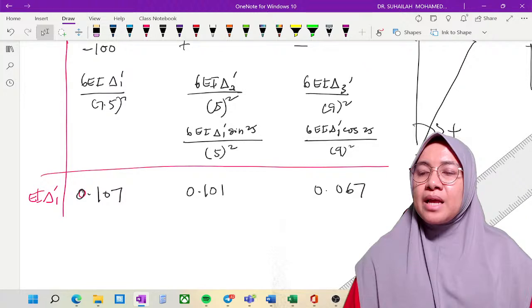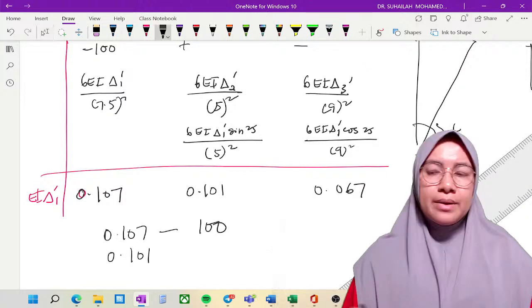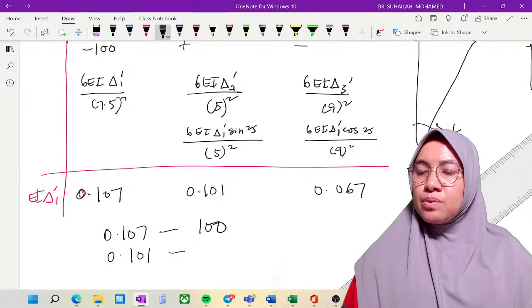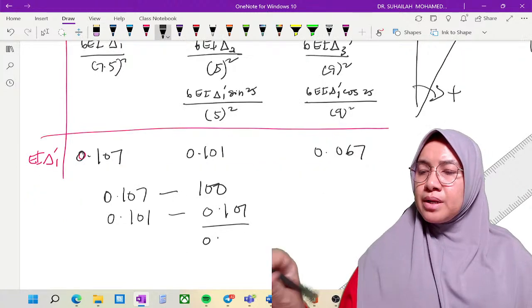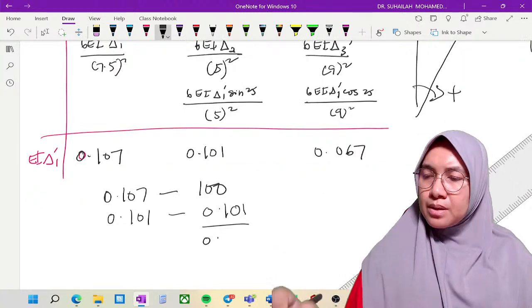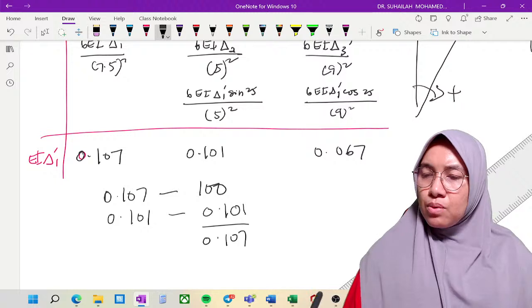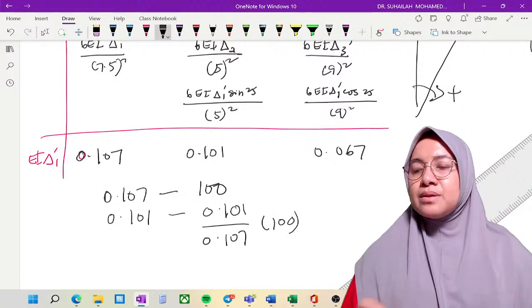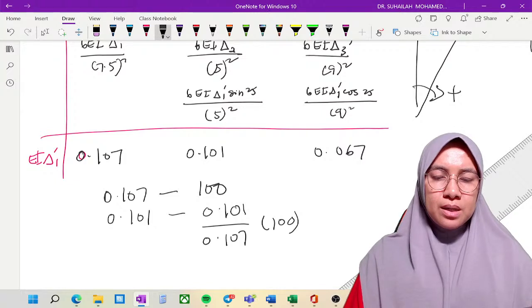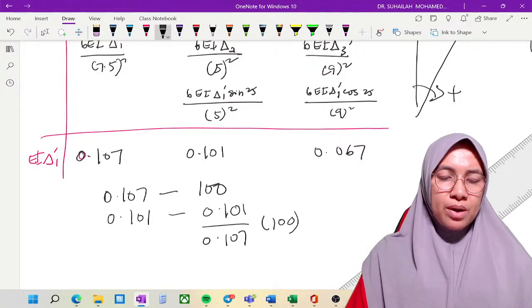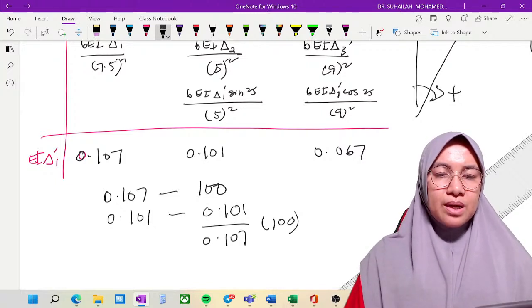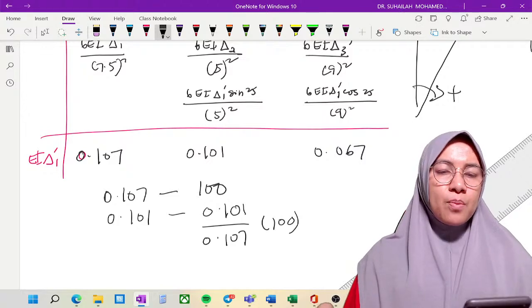So 0.101 is equal to 0.101 divided by 0.107 times 100. We get 94.39.